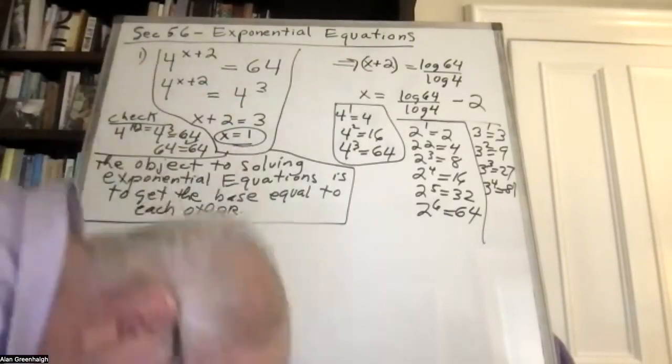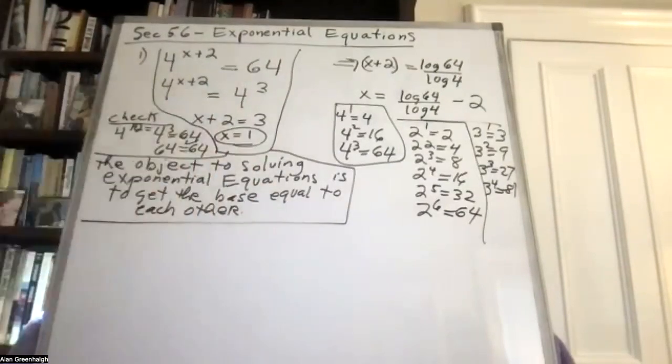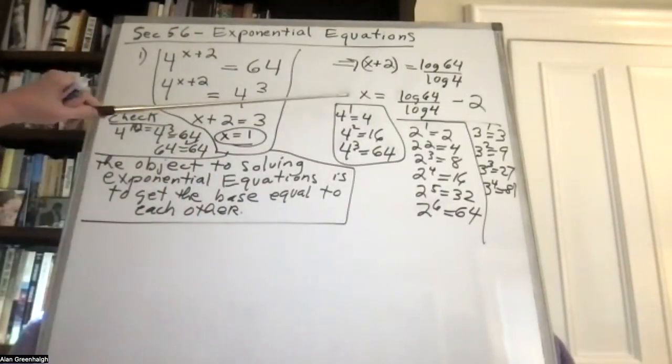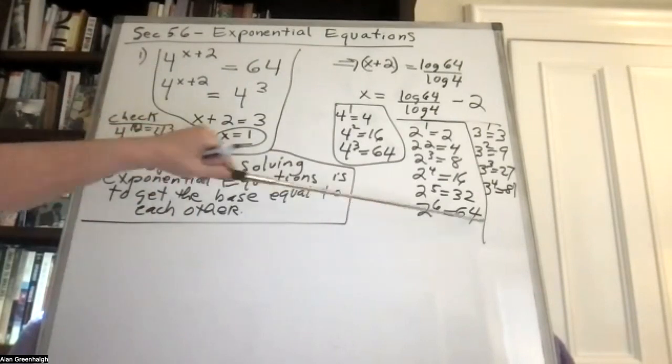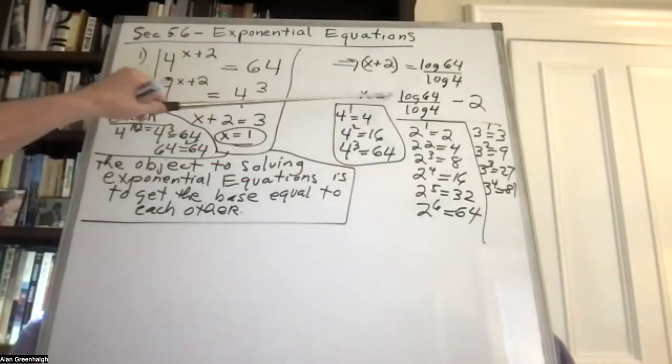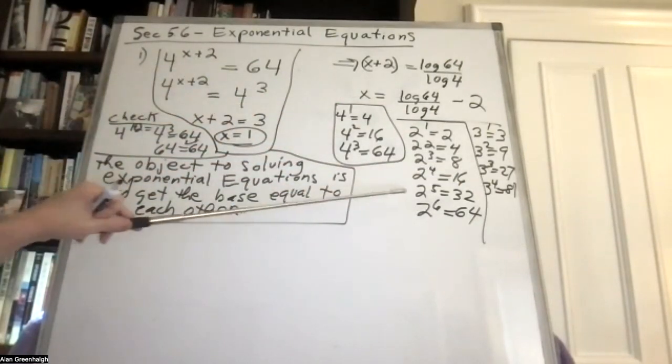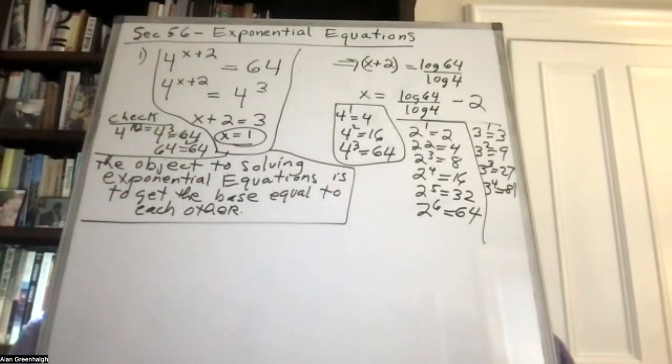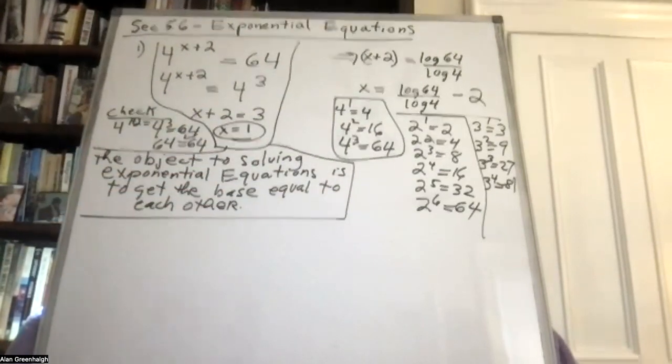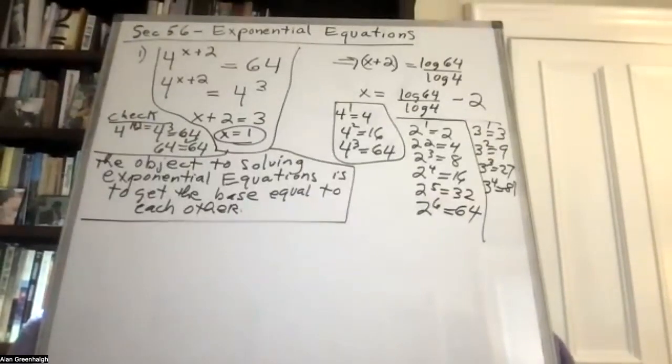And it will be helpful if you know what I just wrote over here. This is pretty much what you need to know in order to solve the problems I'm about to give you, which will be representative of the type of problem that would be on the exam.